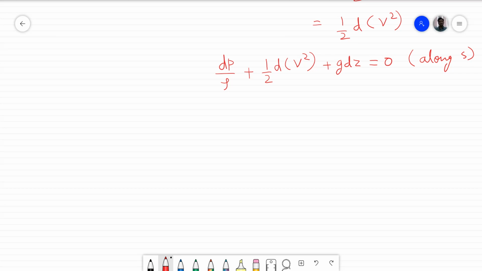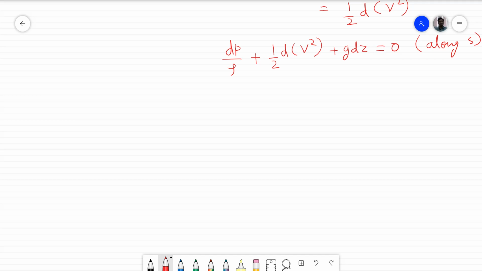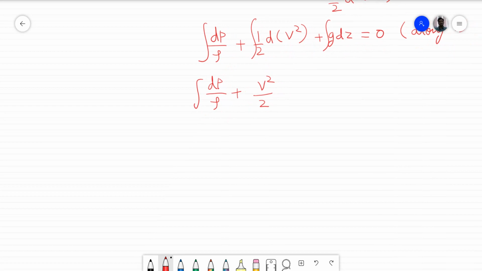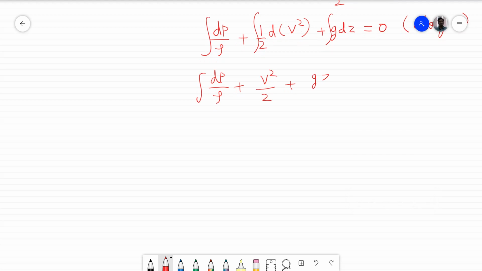Now we'll integrate this equation on both sides. The first term will get an integral like this, second term and the third term. For the first term, because rho can be a function of pressure or pressure can be a function of density in some cases, we'll leave it as it is, integral dp by rho. The integral of dv square by 2 is v square by 2. And what is integral dz? g is a constant, so this becomes gz.